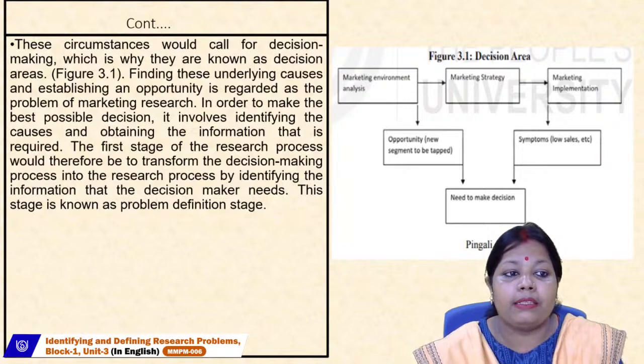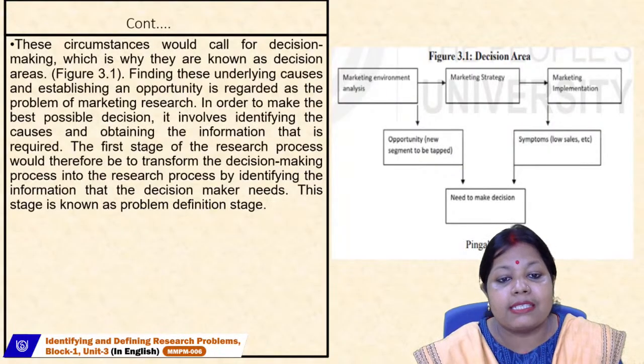So in order to make the best possible decision, it involves identifying the cause and obtaining the information that is required. The first stage of the research process would therefore be to transform the decision making process into the research process by identifying the information that the decision maker needs. This stage is known as the problem definition stage.